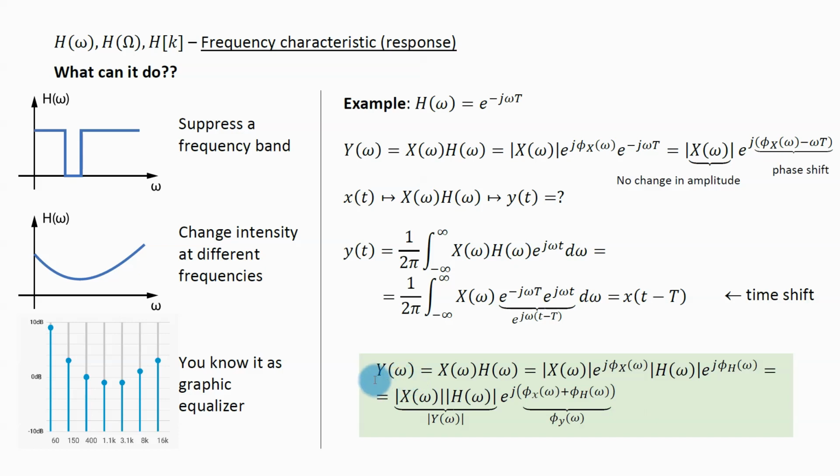So you can see that the magnitude of my altered spectrum is given by the magnitude of my original spectrum that is multiplied by the magnitude of the frequency response. And you can see that the phase of my altered spectrum is given by the phase of my original spectrum, to which is added the phase of the frequency response. So the magnitude of the frequency response is responsible for changing the magnitude of my original spectrum, and the phase of the frequency response is responsible for changing the phase of my original spectrum.